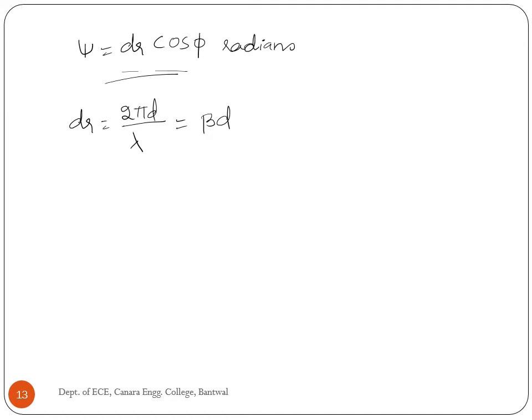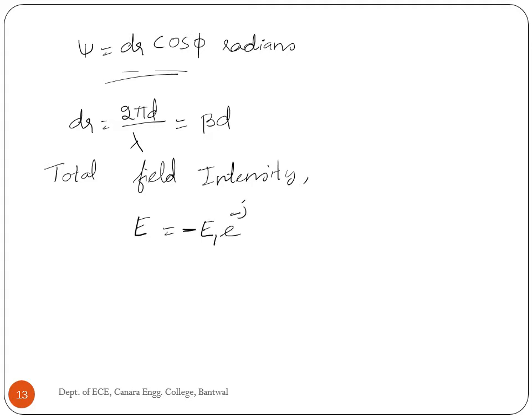Total field intensity is given by E equal to minus E1 e to the power minus j xi by 2 plus E2 e to the power j xi by 2. Two sources having equal amplitudes, therefore E1 equal to E2 equal to E naught, but are in opposite phase.